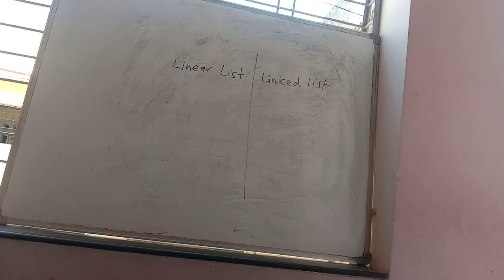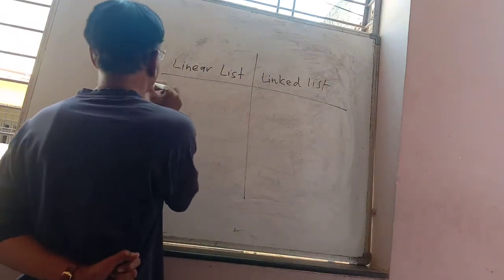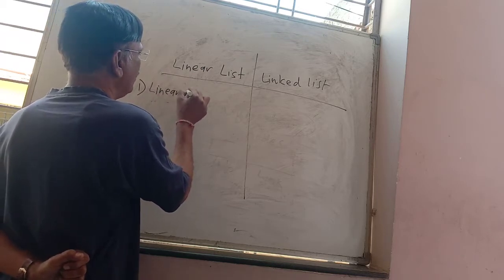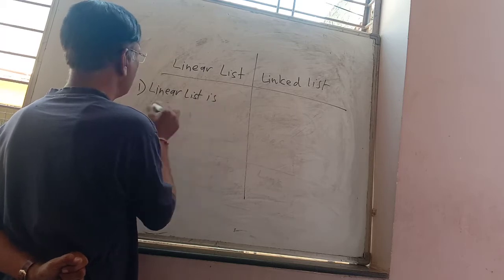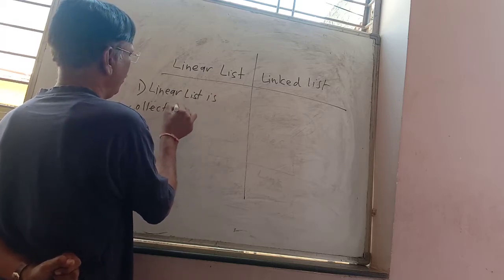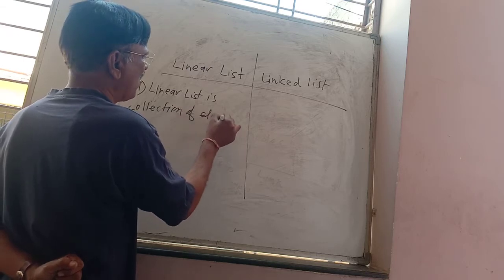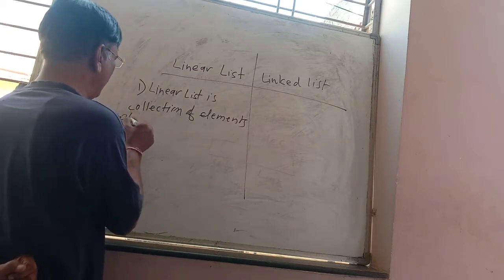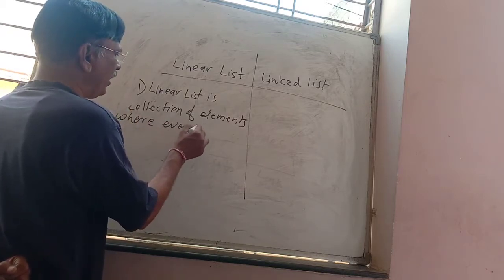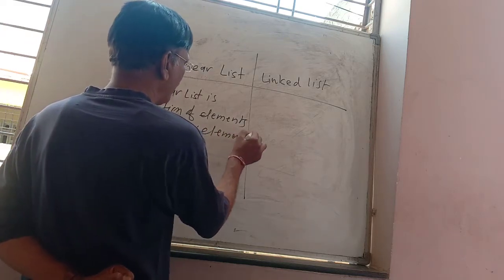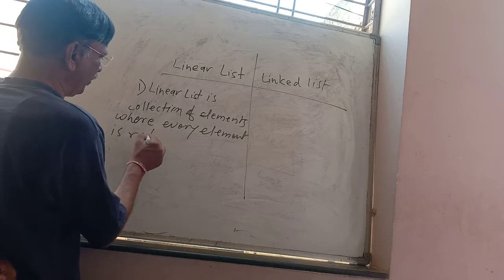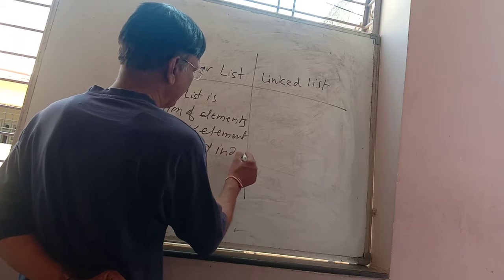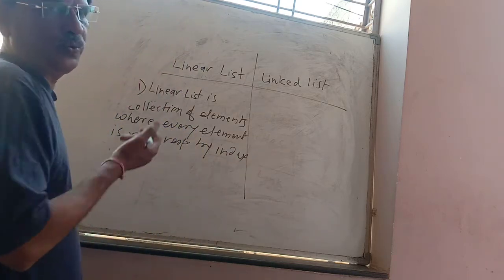The difference is that a linear list is a collection of elements where every element is referenced respectively by an index. This is the first difference we are going to see.